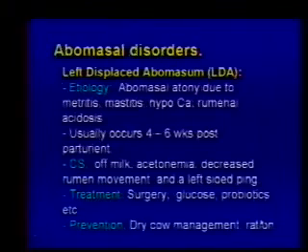Let me go back for just a second to left displacement of the abomasum. I forgot to mention, I just want to reemphasize that cows with the left displacement of the abomasum are hypoglycemic. They're ketotic. They have a metabolic alkalosis, and they're hypokalemic.